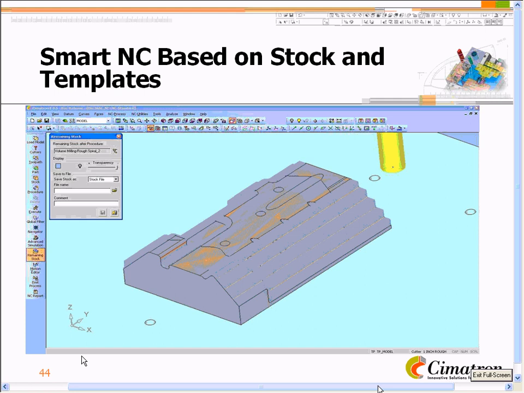What Cimatron does is keep track of the stock. So yes, it's an automation feature that's nice for applying a cutter path to remaining material and not air cutting, or knowing what material is left so that the cutter won't go into an area and snap off because there's too much material.